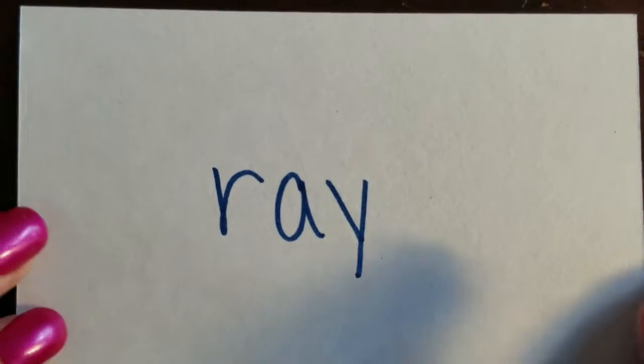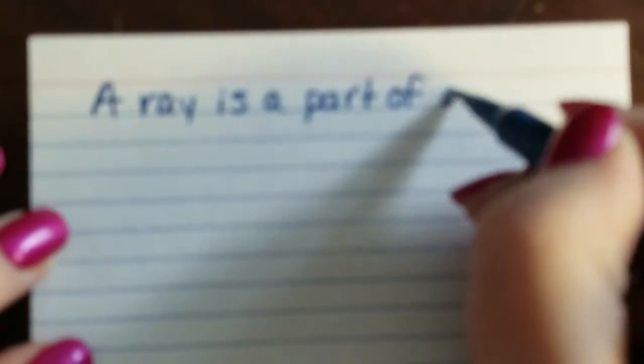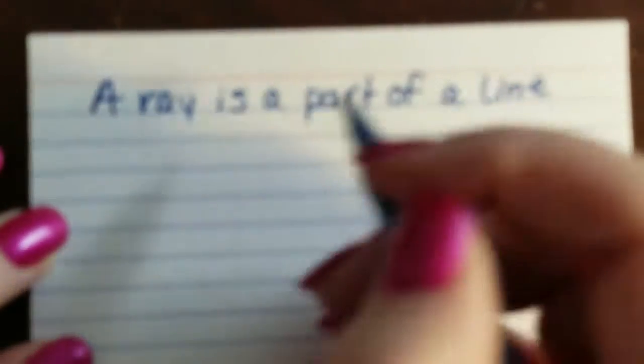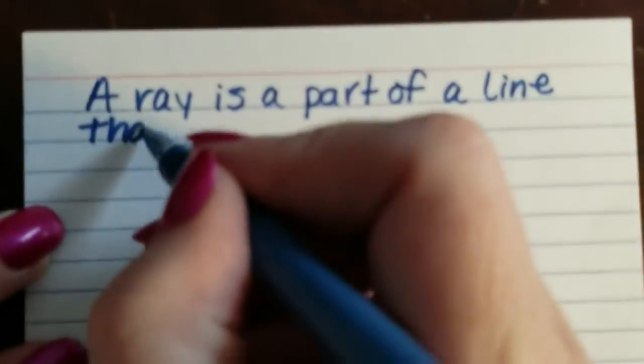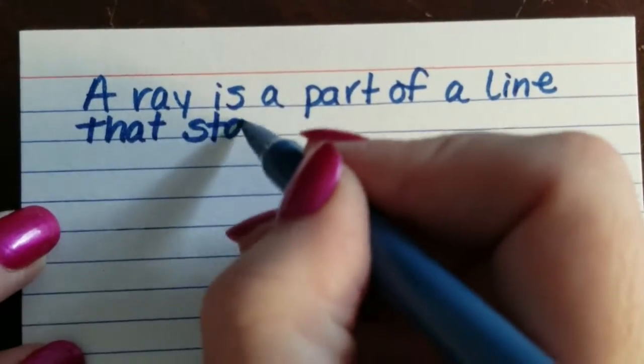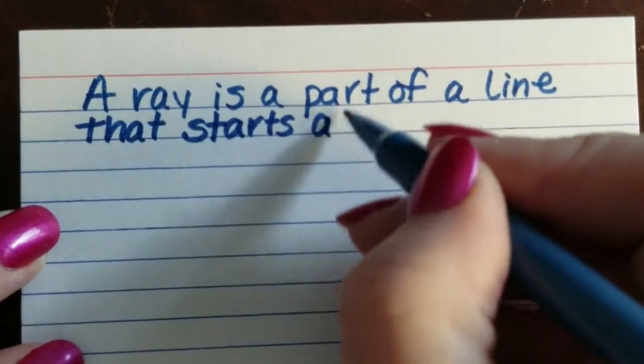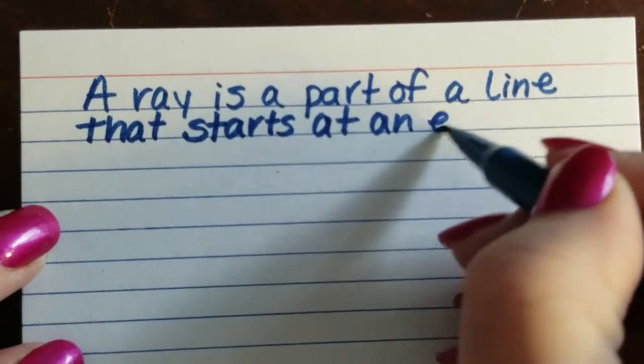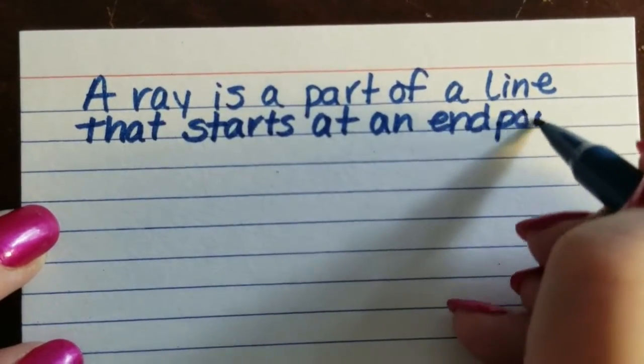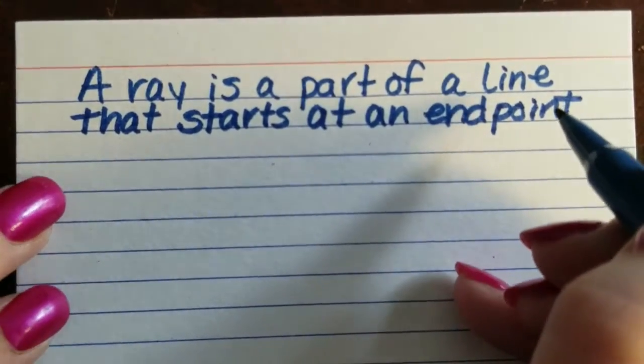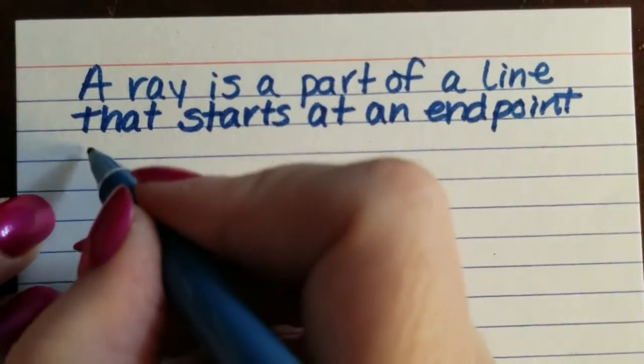A ray is a part of a line that starts at an endpoint and extends forever in one direction.